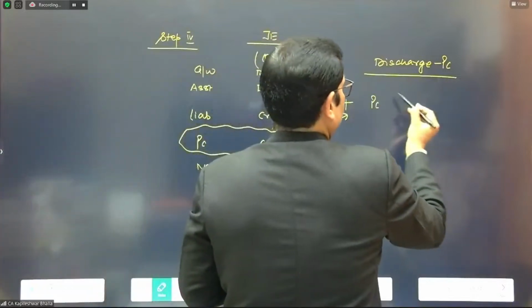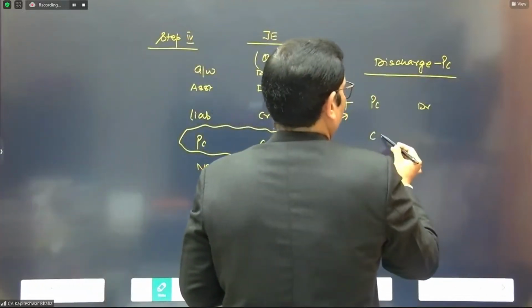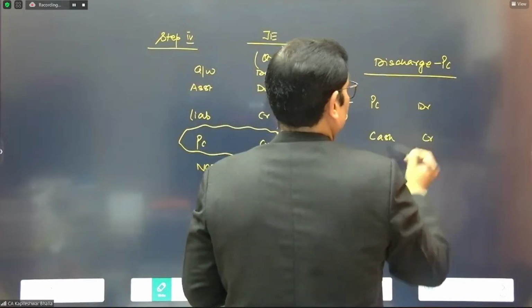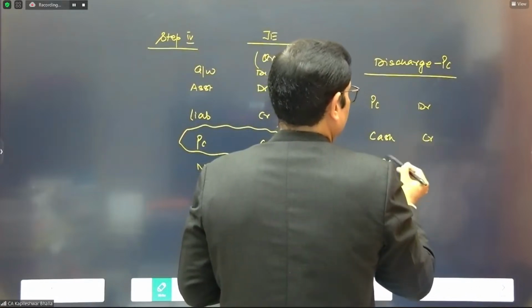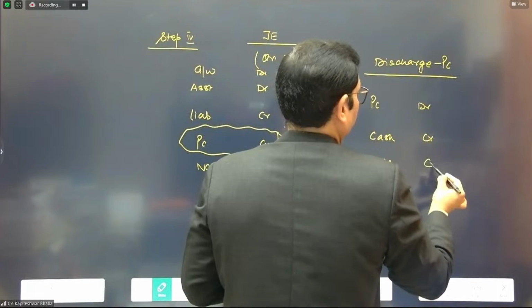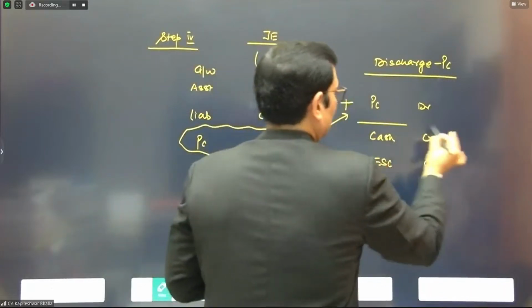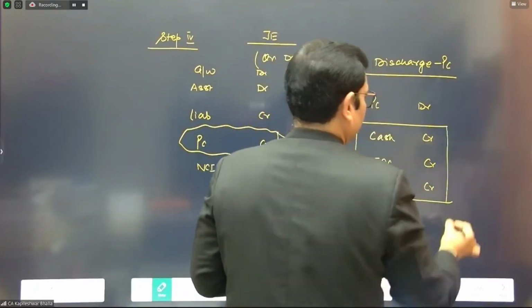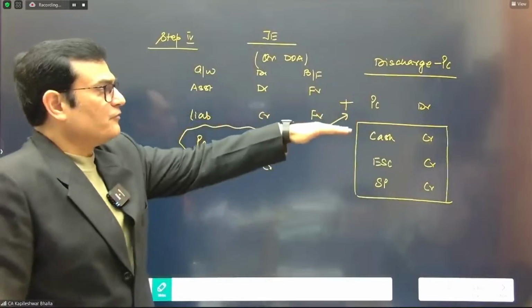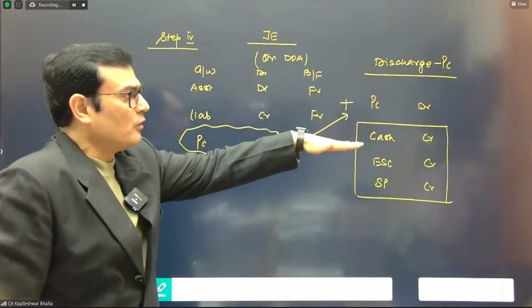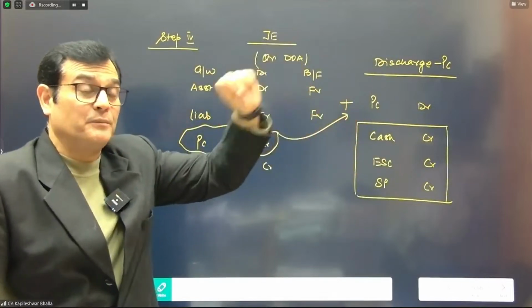The PC gets a debit. You might have paid the PC in cash. You might have paid the PC in equity shares issued at a premium.